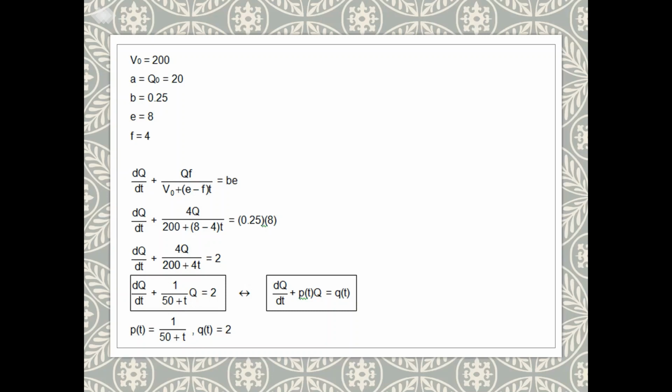Simplify, you will obtain dQ over dt plus Q over (50 plus t) equal to 2. This is actually referred to as the first order linear equation in which P(t) is equal to 1 over (50 plus t) and Q(t) is equal to 2.